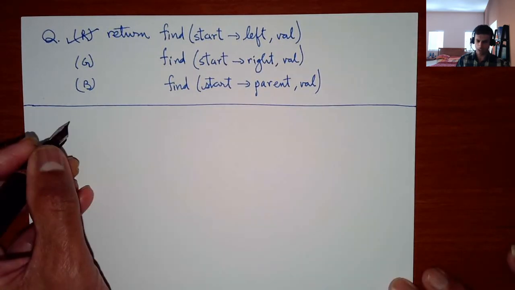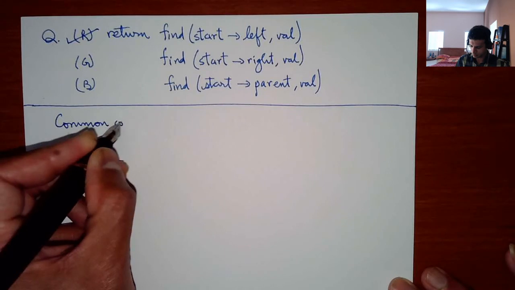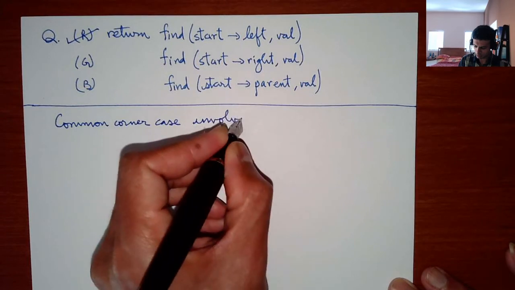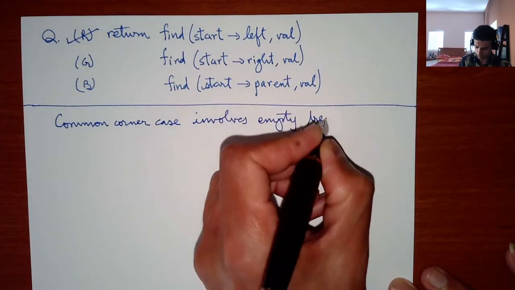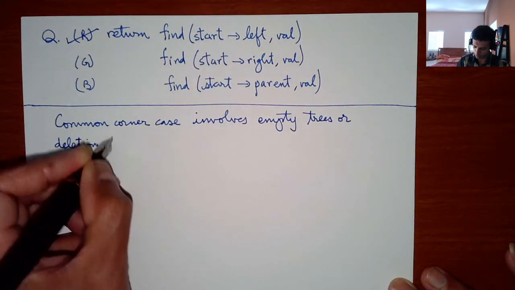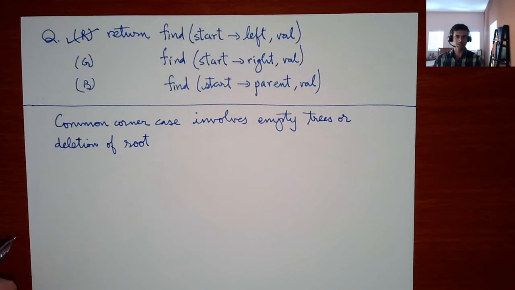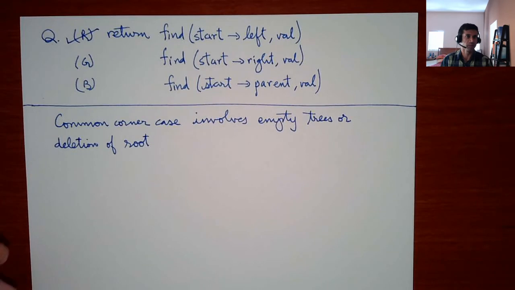A common corner case usually involves empty trees or something like deletion of the root. Things that create empty trees, or operate on empty trees, are common corner cases where you have to write some separate code that will prevent a seg fault, and I'm not going to write this out in the pseudocode.